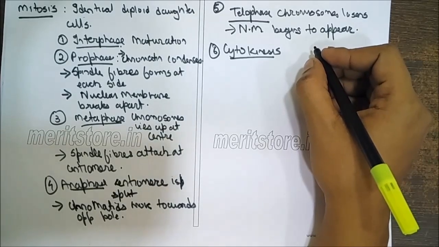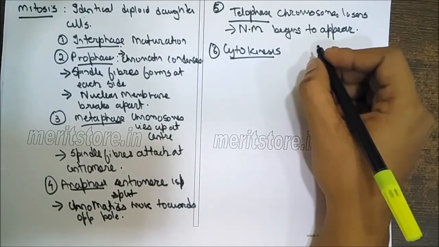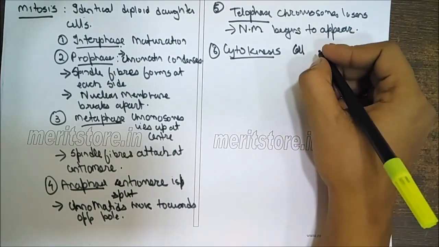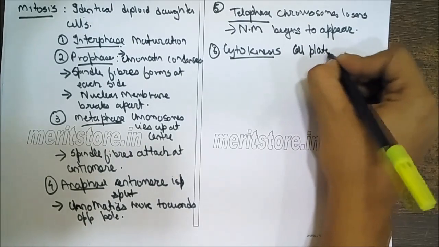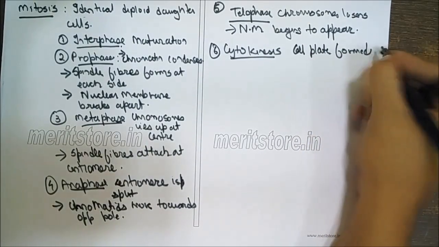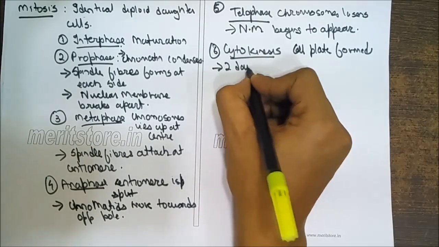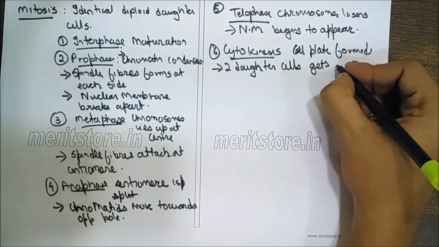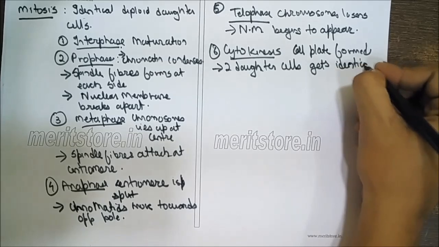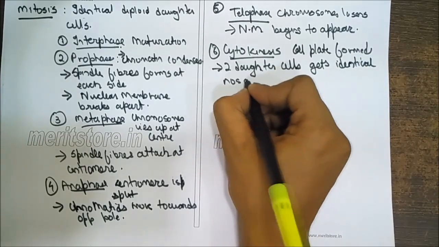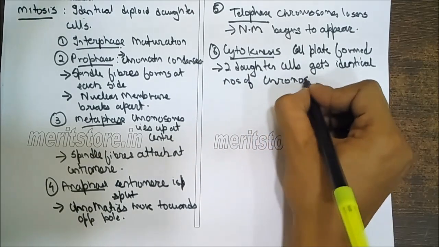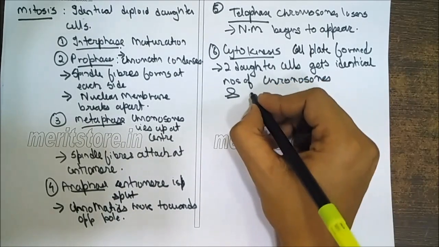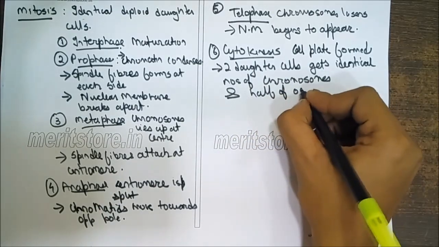Each daughter cell gets half of the cell organelles and an identical set of chromosomes.